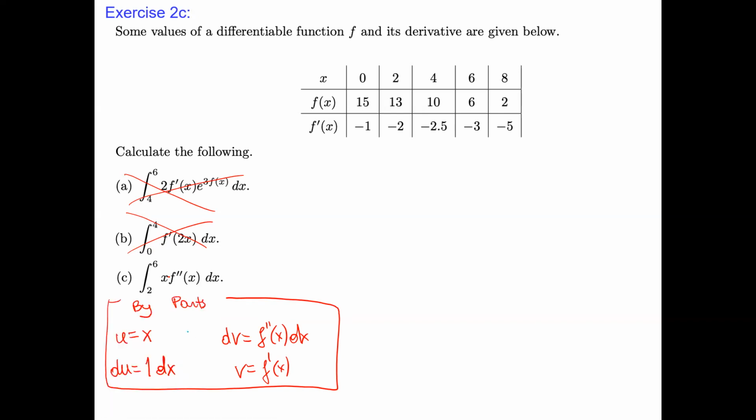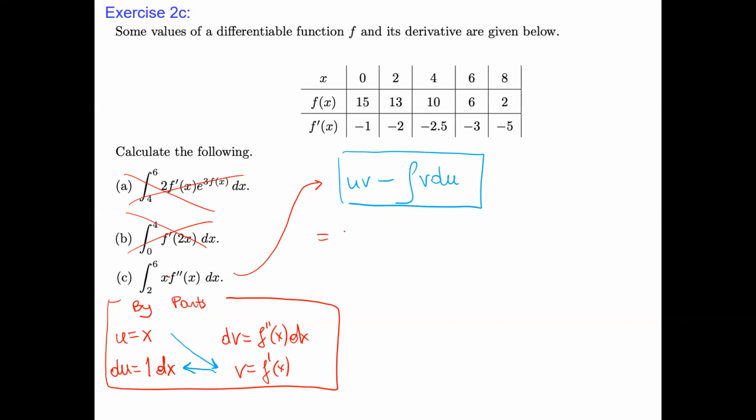And now our magic blue pen, uv minus integral of v du. So let's write this integral here, then we will not run out. Integration by parts: uv minus integral of v du.